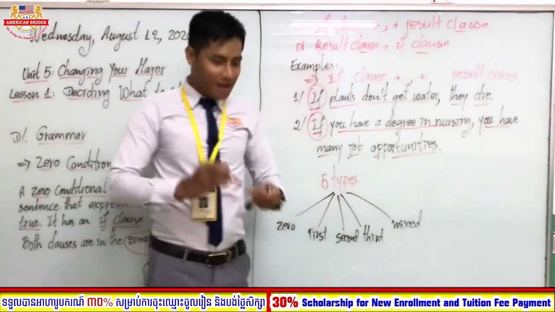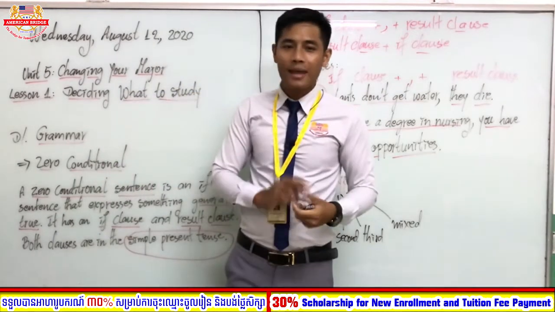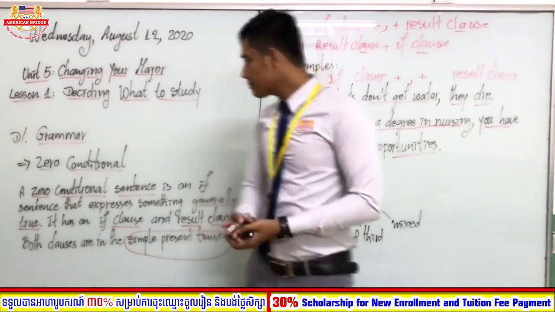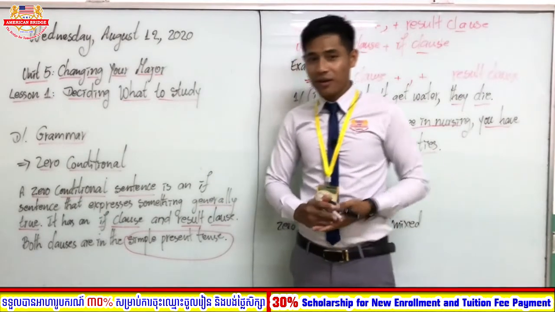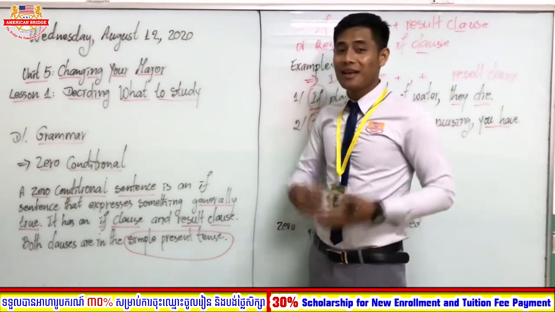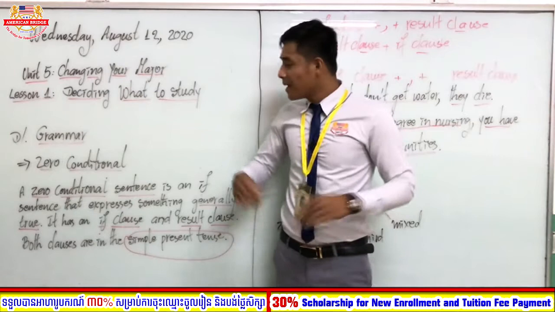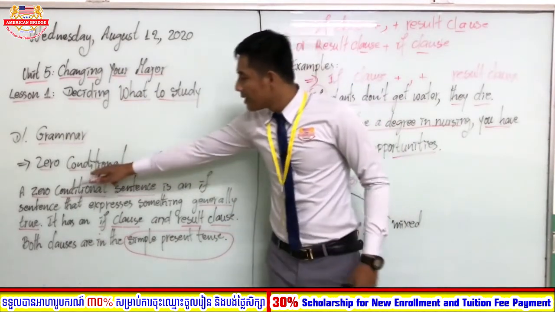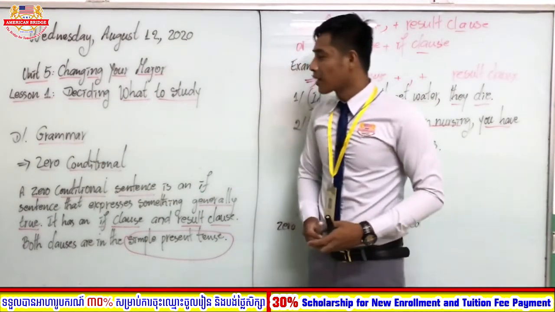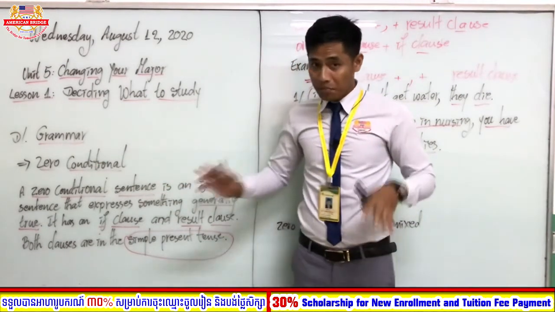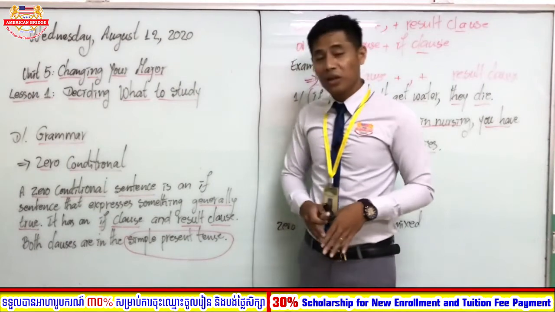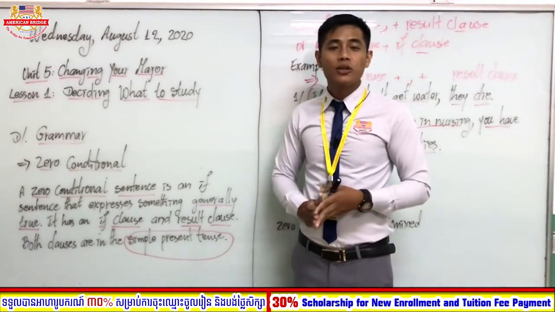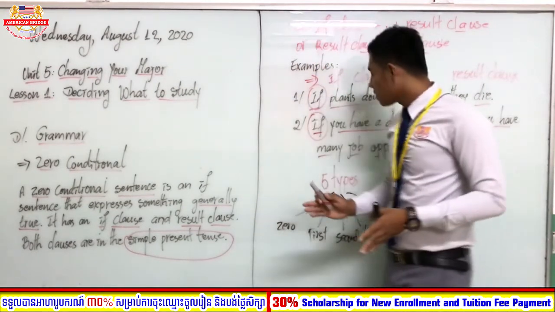Any question? Okay, good, students. So let's sum up what we have learned in this video. Today the main topic we learned about is zero conditional. You know about the meaning, how to use zero conditional in sentences, and you know about the types of conditional sentence.